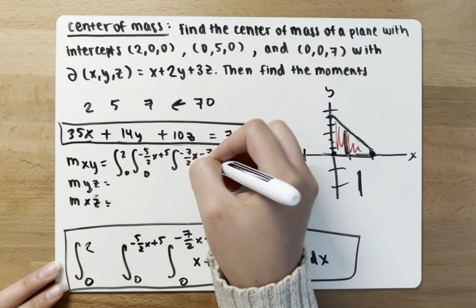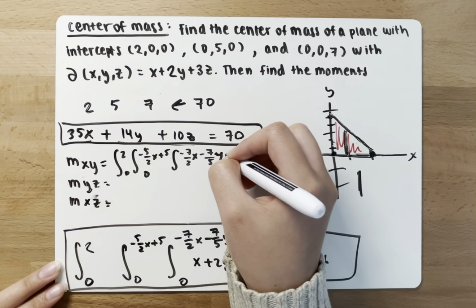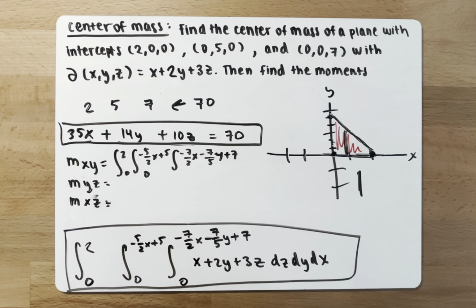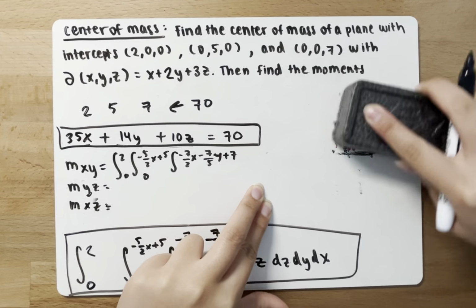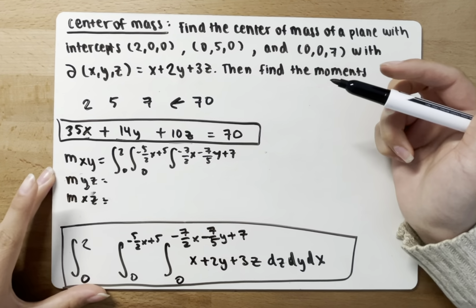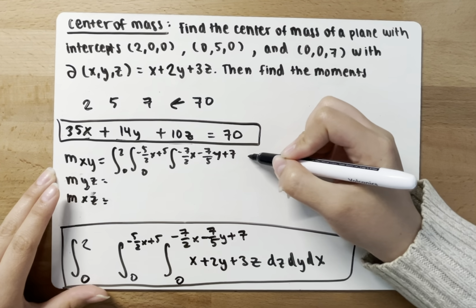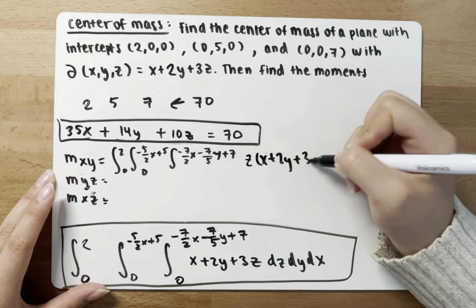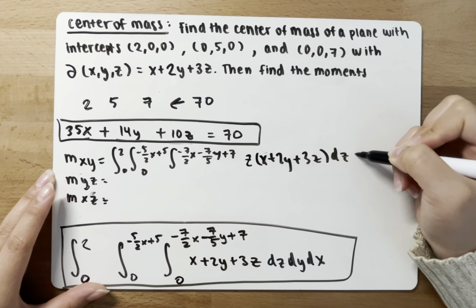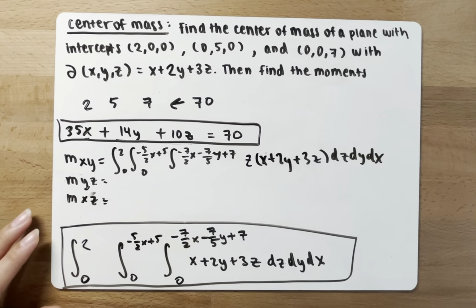The only difference is that for the moment of xy, you are going to multiply the density by the missing variable, which is z. So we have (x + 2y + 3z) z, dz, dy, dx.